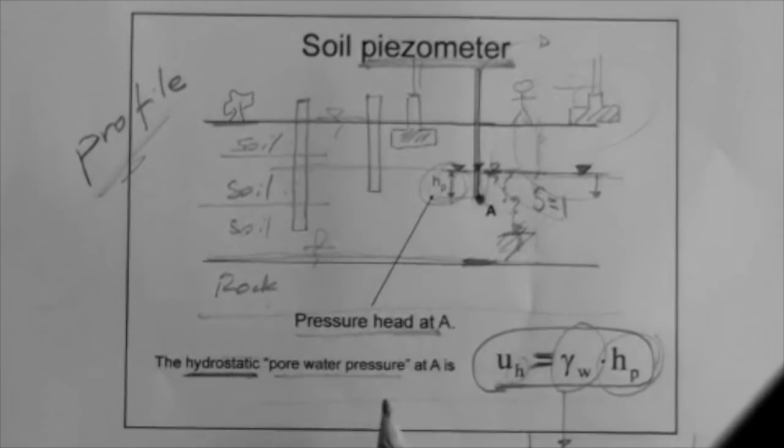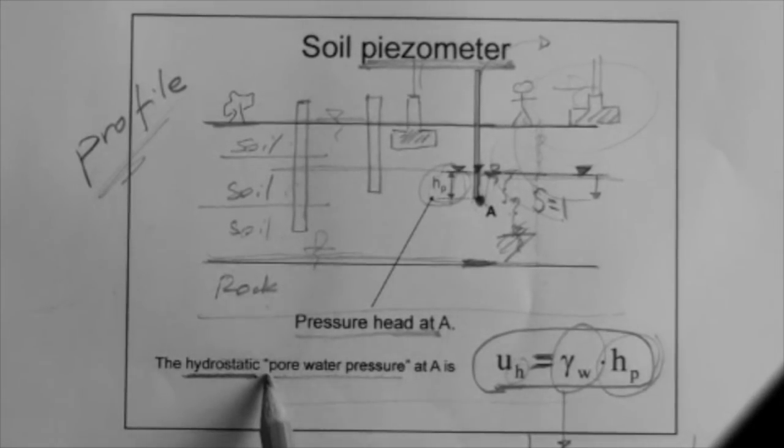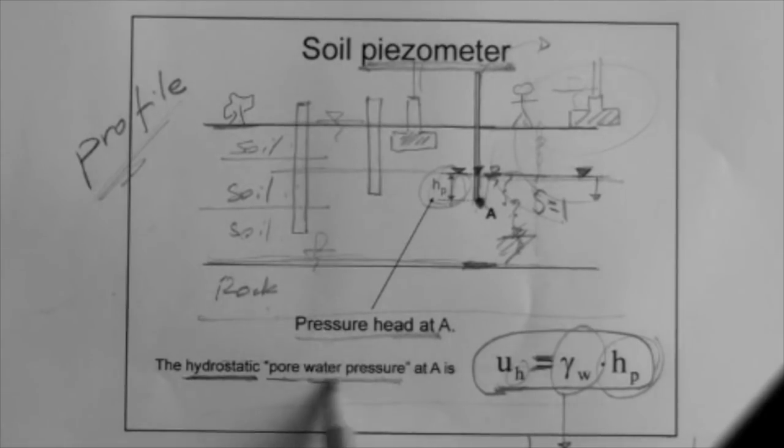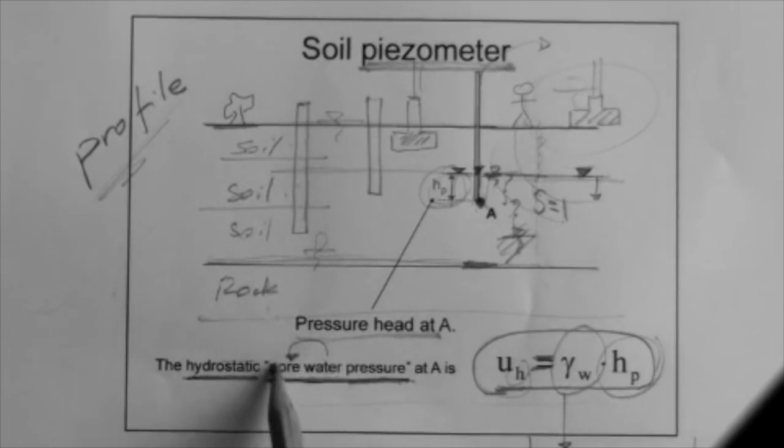Now you may ask, well, hold on one second, why is it called pore water pressure and not just water pressure or pressure? Well, we would like to have these three words in the name of this U, because we know that the water is in the pores. And so we make a distinction in soil mechanics where we say that the water pressure, the U, is actually the pressure of the water in the pores.